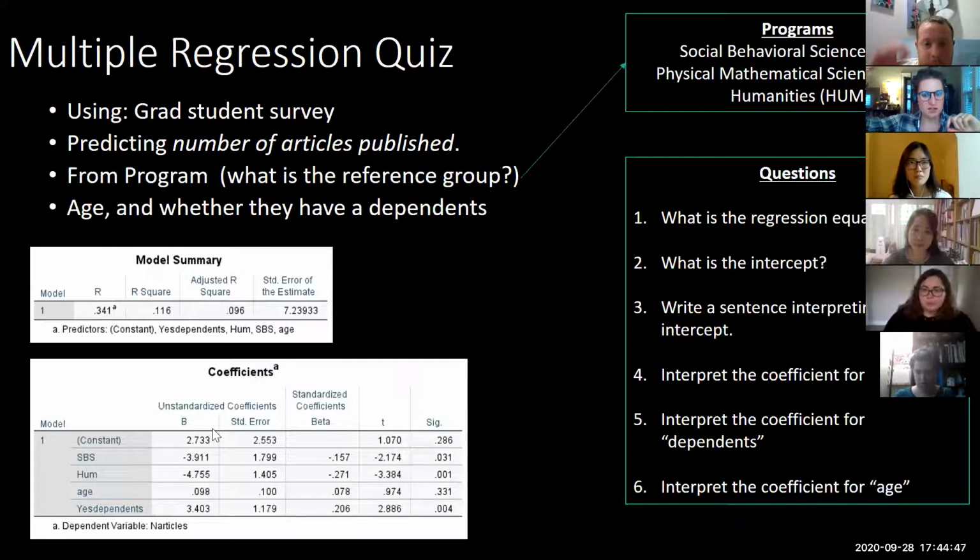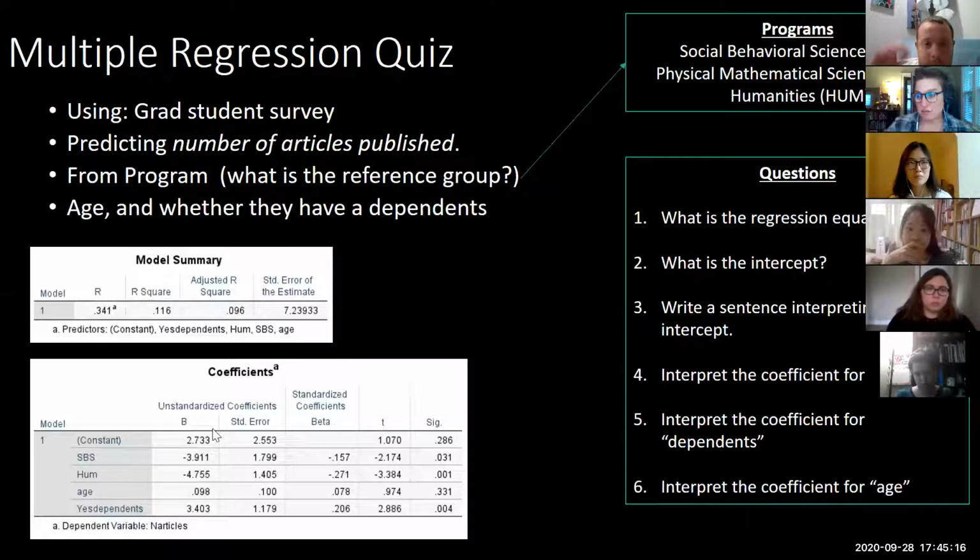I'm just trying to understand what y hat means in this situation. It's the number of articles. You're predicting the number of articles for a person in that PMS program, and then depending on what values you plug into the regression equation, it's for a different kind of person.